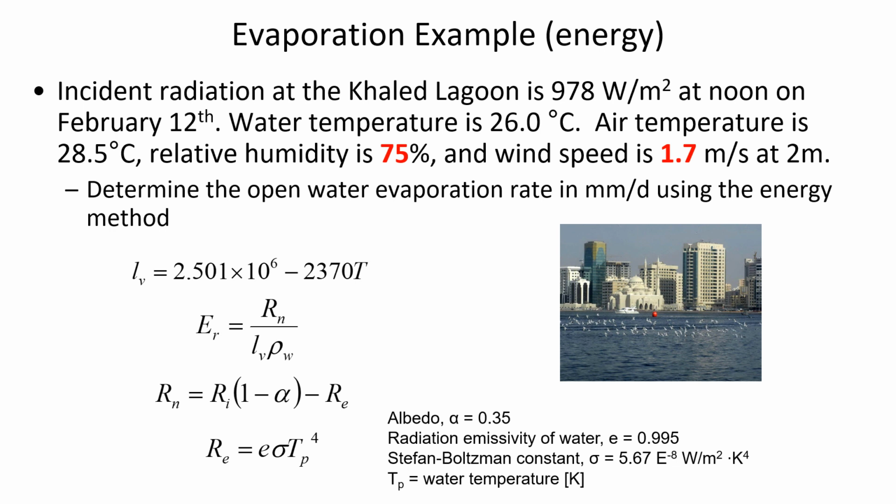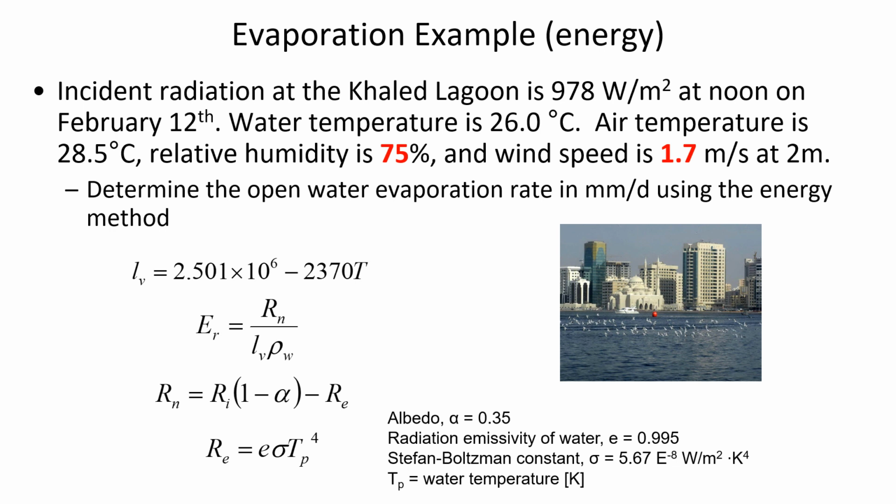So 1 minus alpha tells us how much isn't reflected, and then we have to subtract out the radiation that's emitted to space because we're replacing that amount that is long wave going back out due to the water temperature. So the net radiation that's available is only 183.9 watts per meter squared.